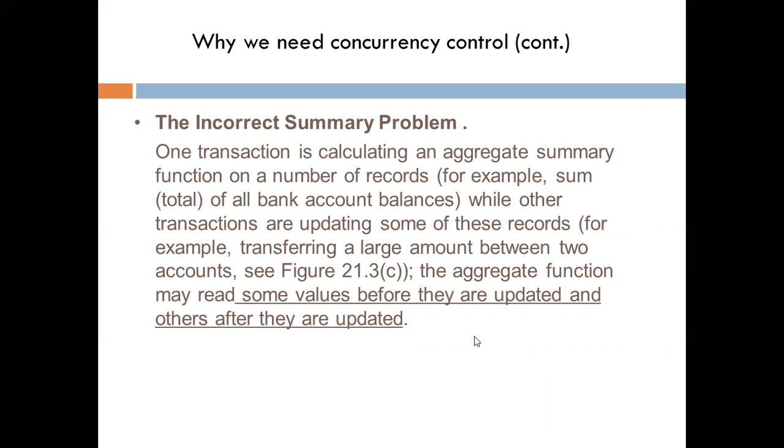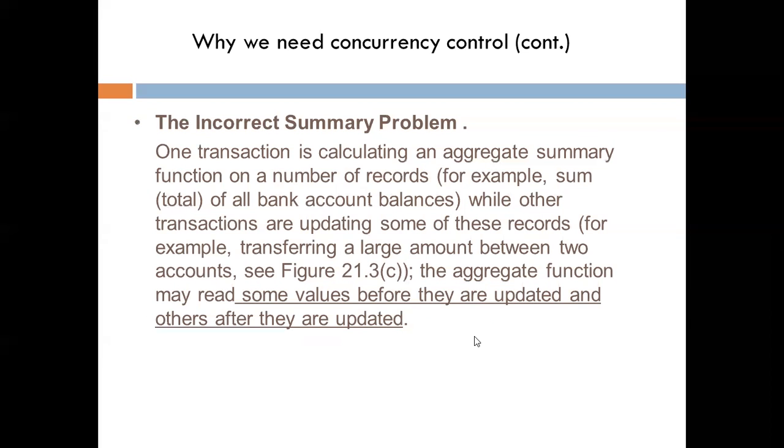So some aggregate function is reading the values before they are updated and others after they are updated. So you can summarize these problems as two transactions processing the same records, where one is updating before the other one is calculating.